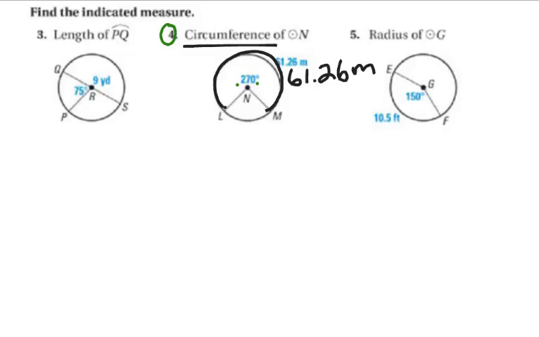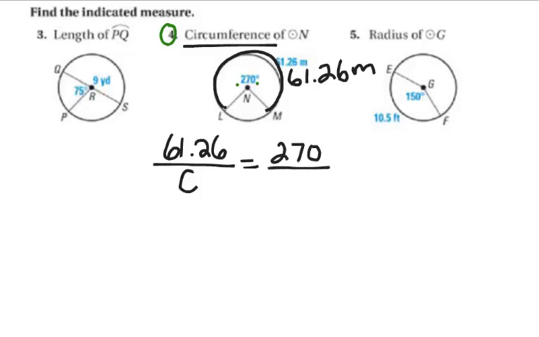So let's go back to our formula, which says the part, which is my 61.26, the part of the circumference over the whole circumference equals the degree measure of the part that's cutting out that little chunk, or in this case a big chunk, over degree measure of the whole.